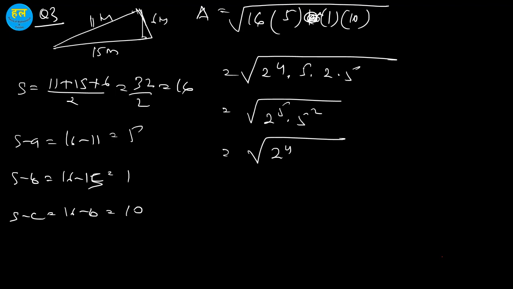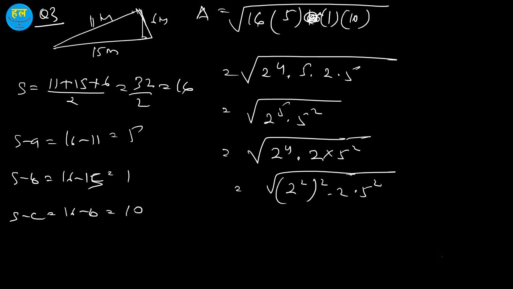That means 2 to the power 4 into 2 into 5 to the power 2. So we'll take out the even values, 2 to the power 2 into 5, and the other values remain inside. So 4 into 5 is 20 root 2.